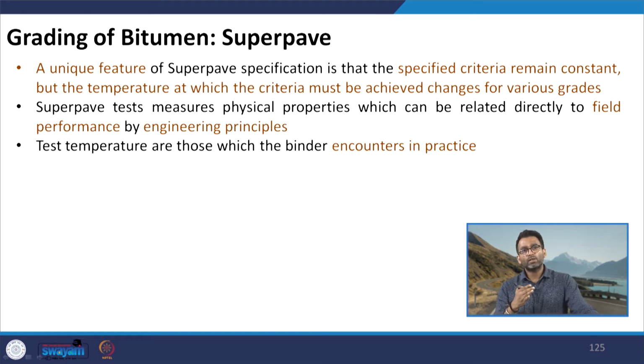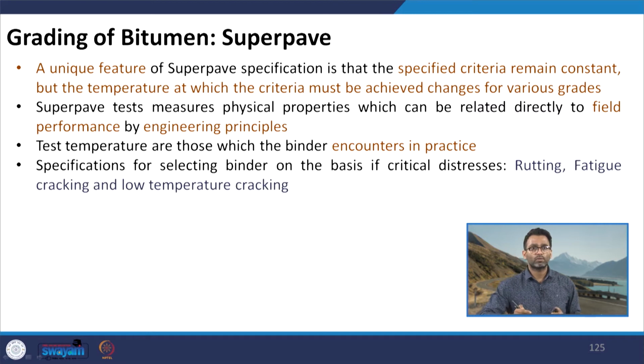We test the binders at a range of temperatures, which means that we are not restricting our test to one temperature for a particular test. A single test can be run at different temperatures, and these test temperatures are chosen such that they will tell us about the range of temperature which the bitumen will encounter in actual practice or in service.